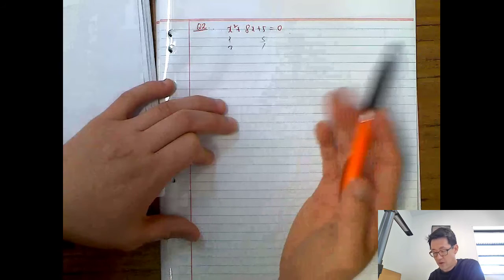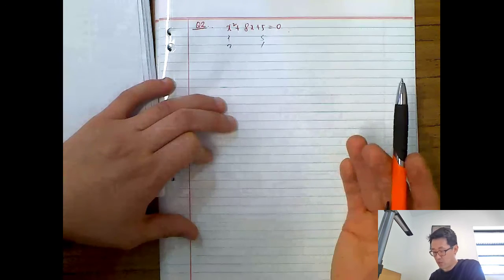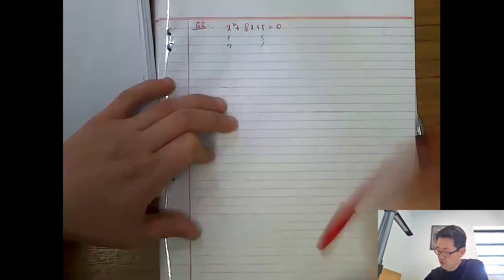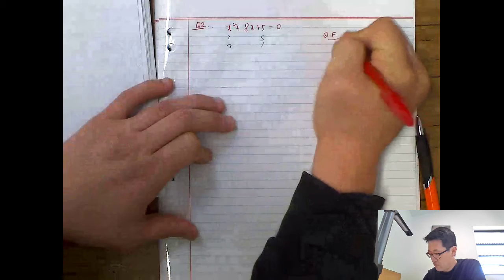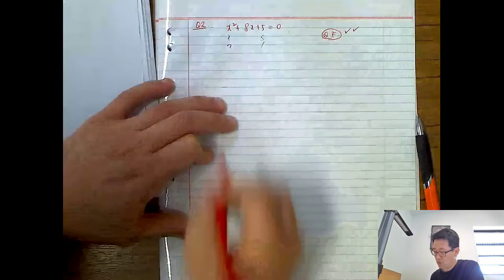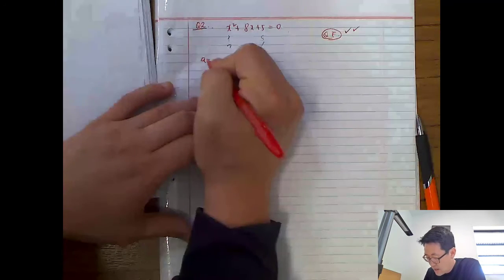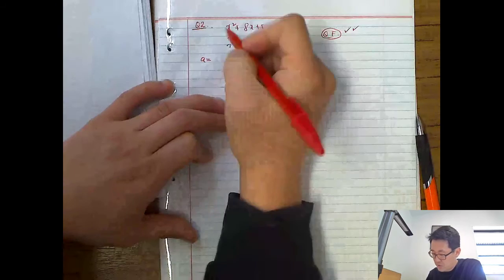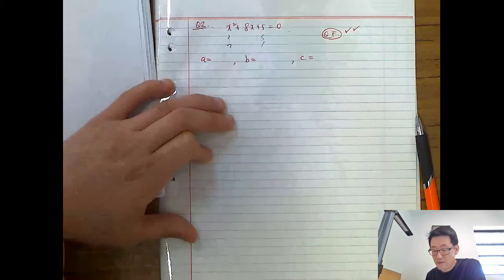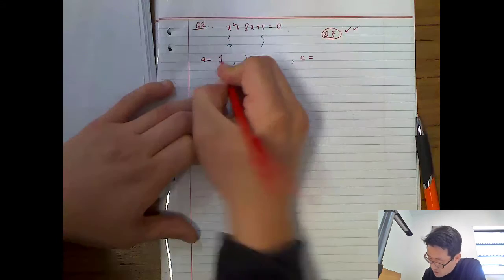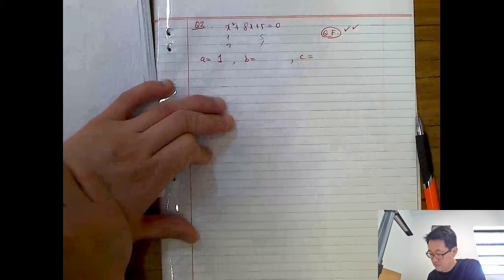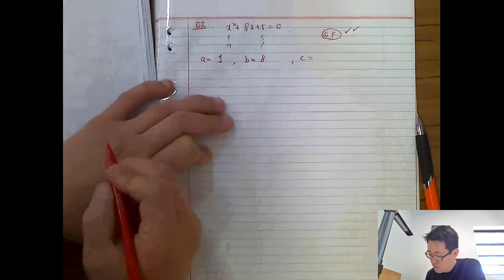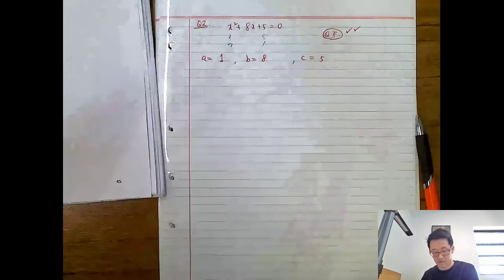No, I can't factorize it. Then what option do we have? Yes, we can use the quadratic formula. All I need to do is figure out what is A, B, C. It always works. A is in this case, yes, 1. What about B? 8, good. C, 5. This is an easy question.